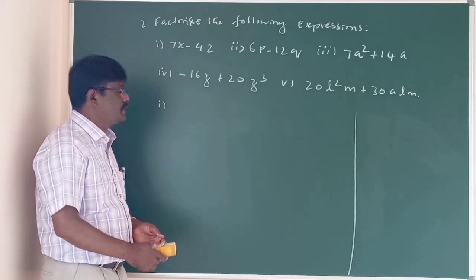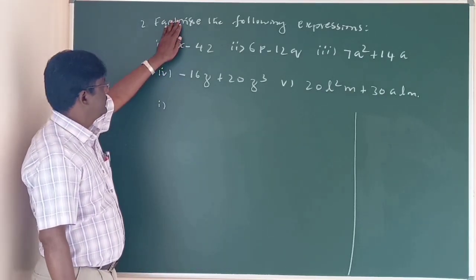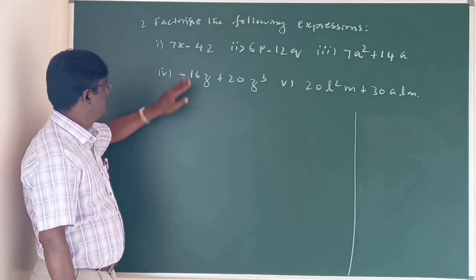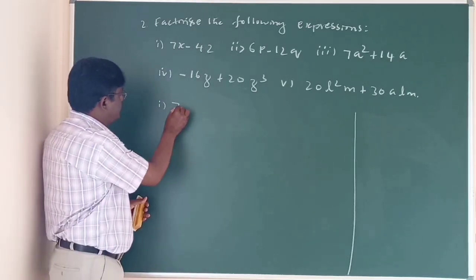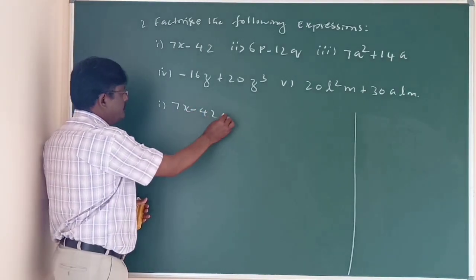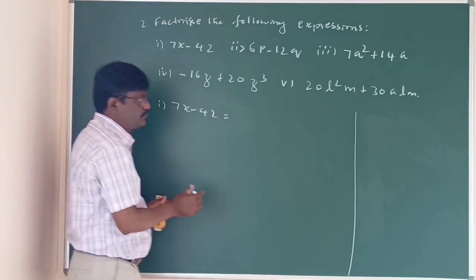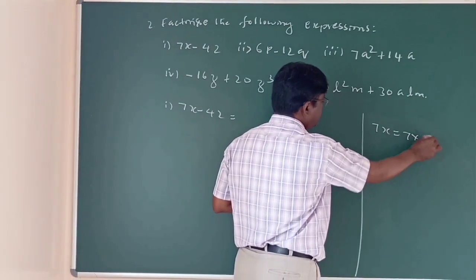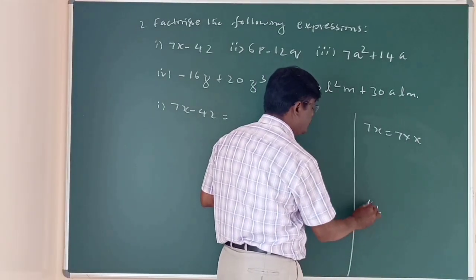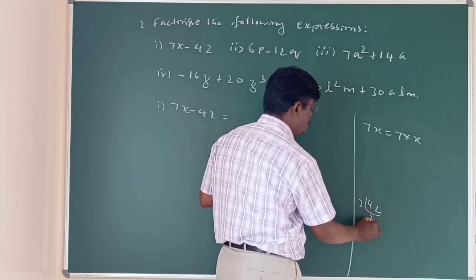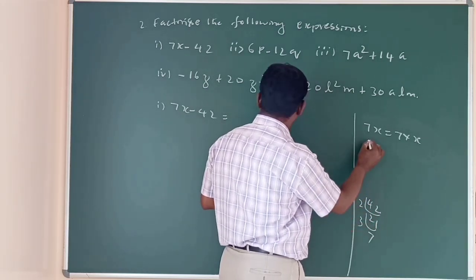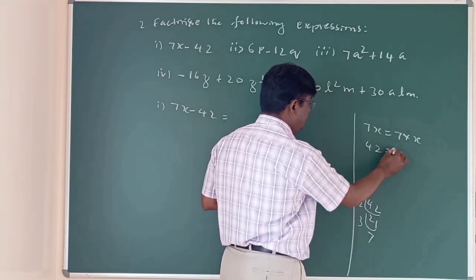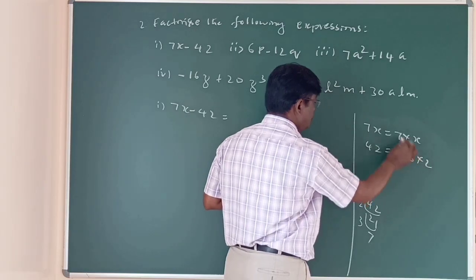Children, in the first sum all were monomials. Now we shall take binomials. 7x minus 42. We have to take the common factor. You know how to take the common factor? 7x is 7 into x. 42 can be further factorized: 2 into 21, and 21 is 3 into 7. Therefore, 42 can be written as 7 into 3 into 2.